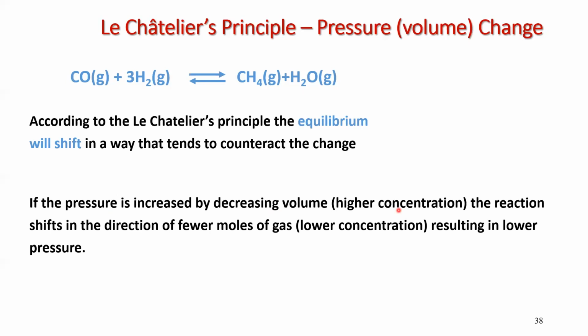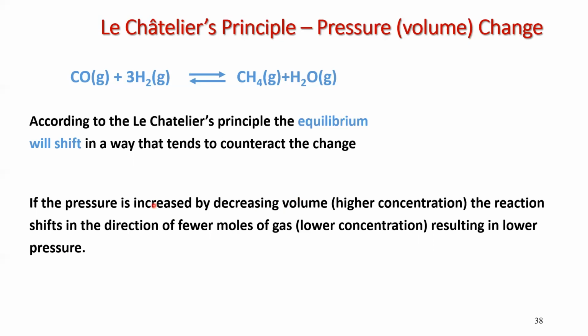Generally speaking, when we increase the concentration, the reaction's always going to shift to the side with less moles of gas. And when it does that, that will lower the pressure. So we decrease the volume, that increases the pressure.